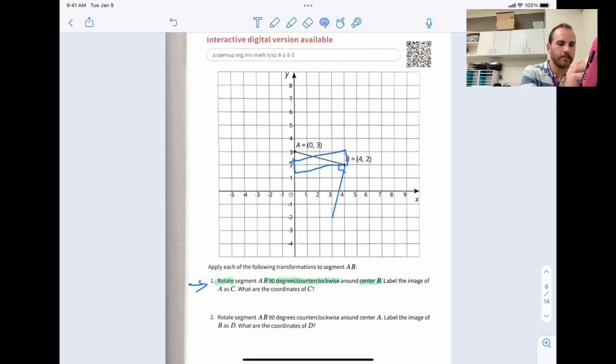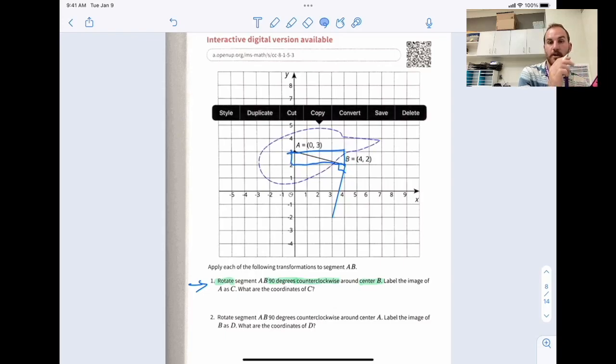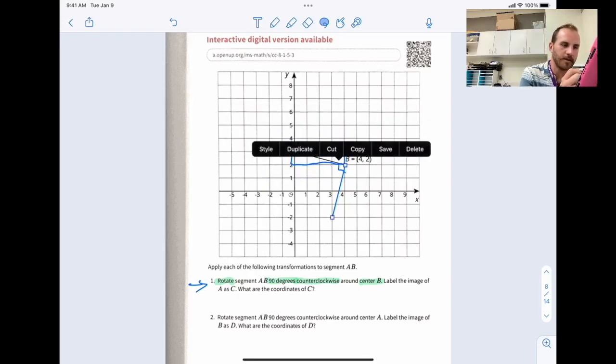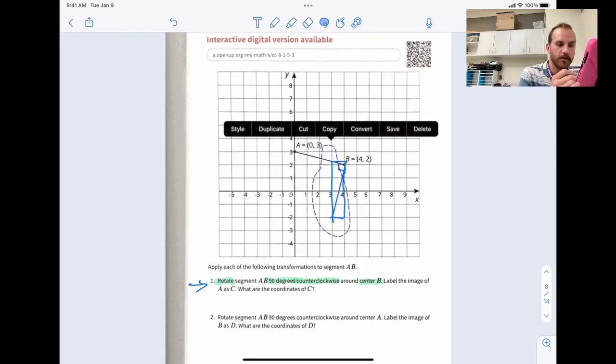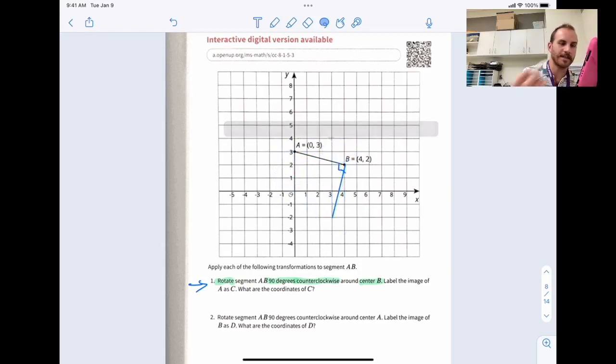Where if we need to rotate this 90 degrees, I know this line goes from the bottom right corner to the top left corner of this box. So if I rotate that 90 degrees, my rotated line should also go from one of those corners to the other. And it does. So that's a 90-degree rotation. We're all set there. Okay, that's fantastic. Center B did not move because it's the center of rotation.